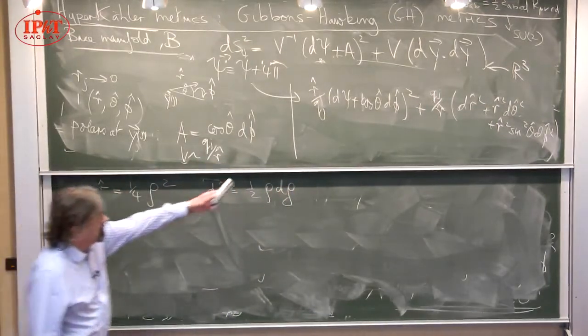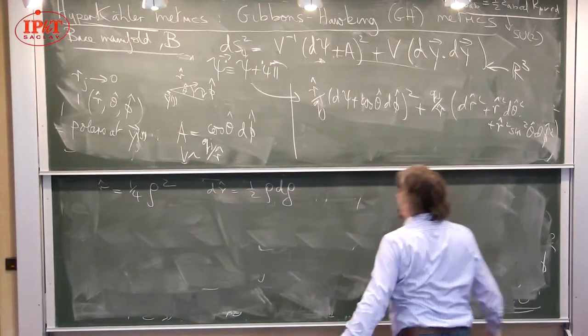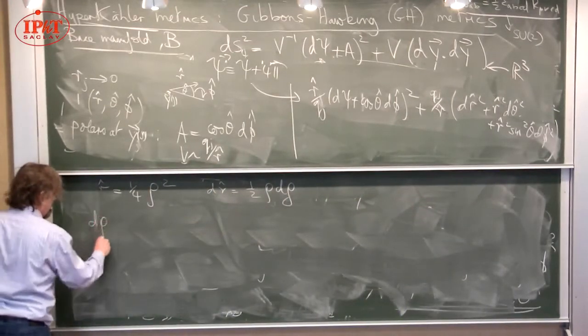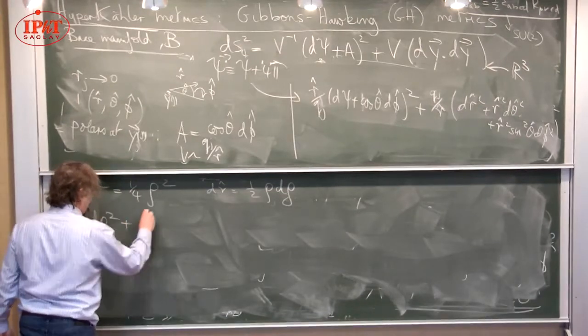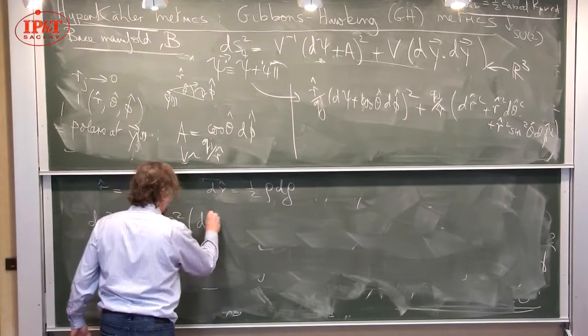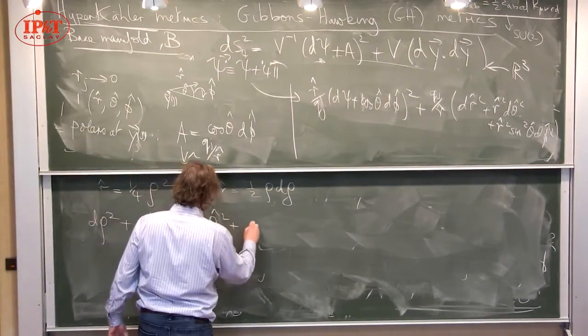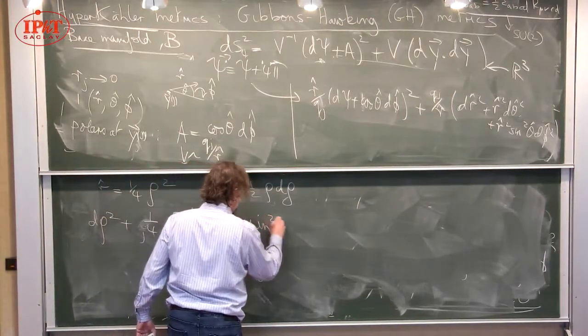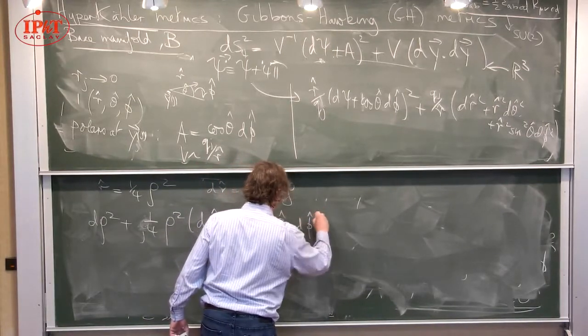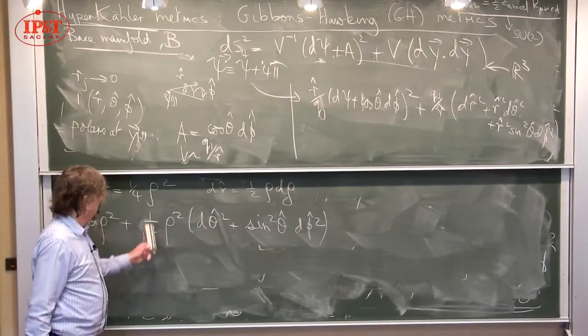And when you compute this, all the rho squareds cancel and go away, and you see that the metric becomes d rho squared plus 1/4 rho squared times (d theta hat squared plus sine squared theta hat d phi hat squared), because you've got 1/4 rho squared everywhere.